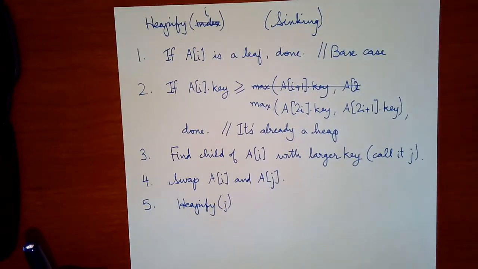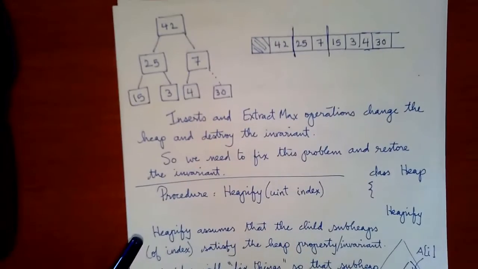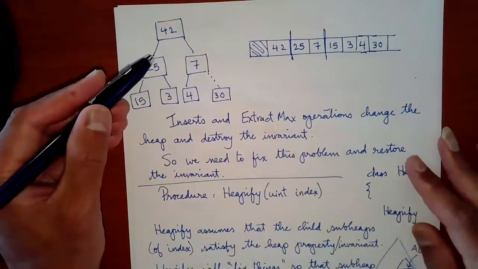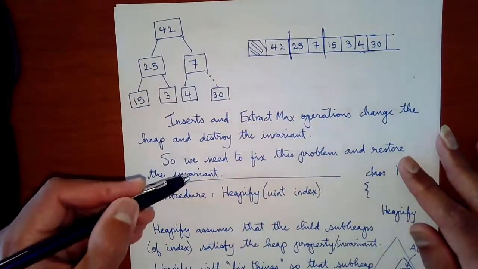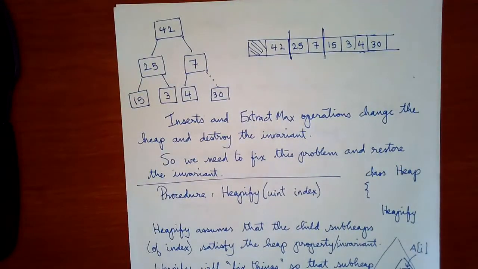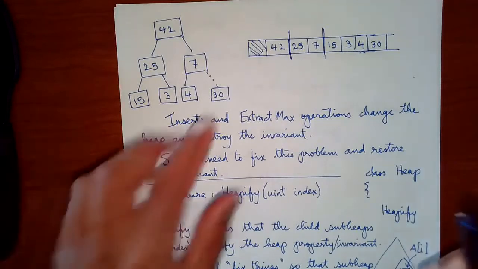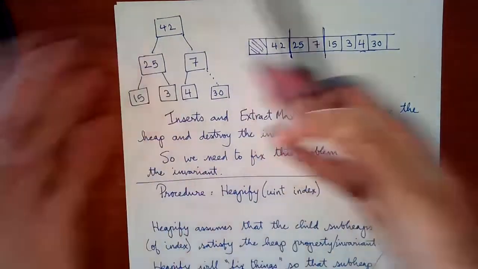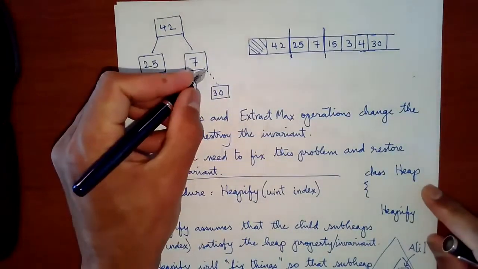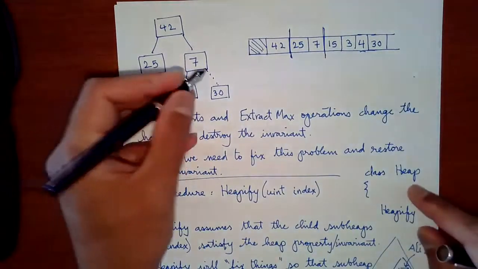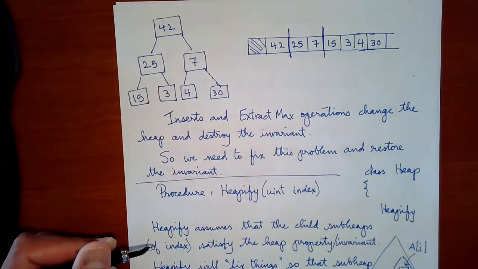Okay, so here's what I'm doing. I'm basically pushing the problem down. So for a moment, let's ignore how this came about. But suppose you had a heap that looks like this.